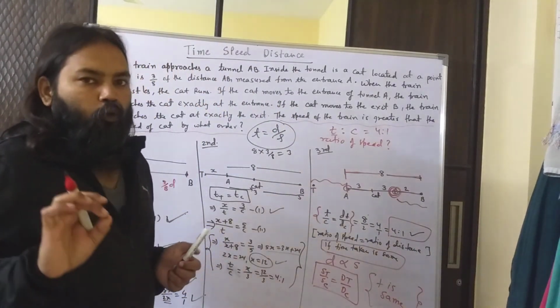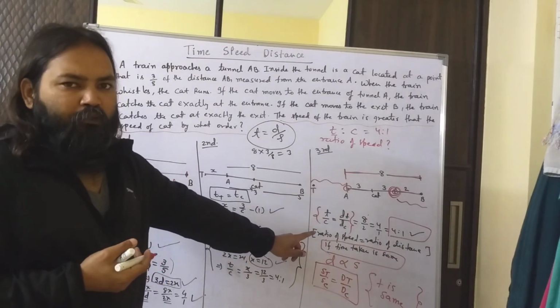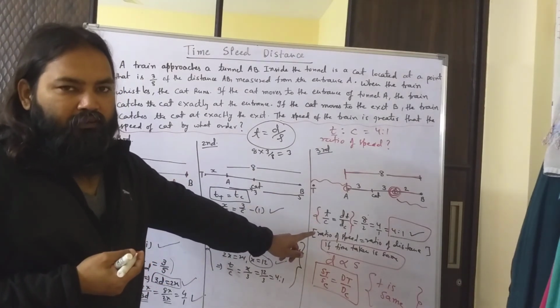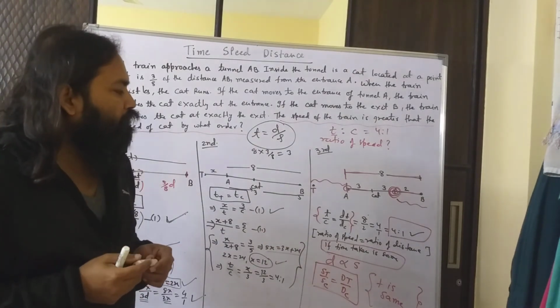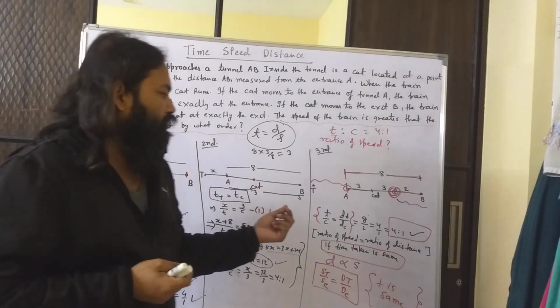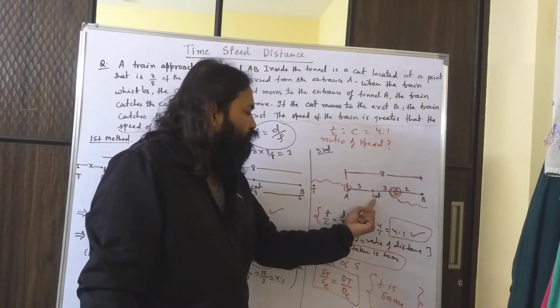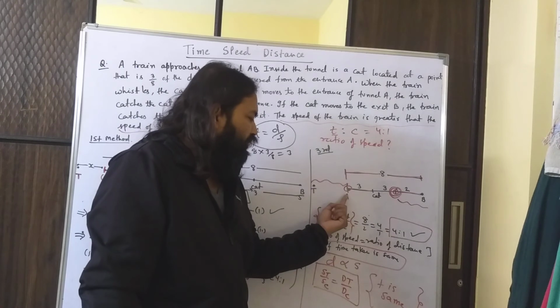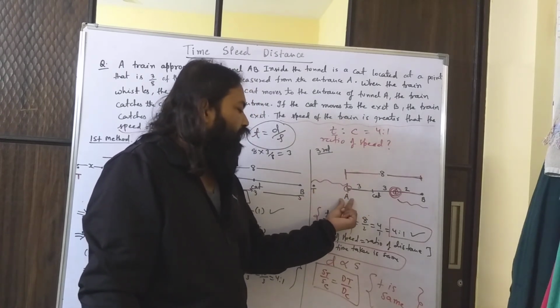Okay, I hope you didn't lose it, because it is looking very simple because it is actually simple. I said that line one more time earlier, but again I am saying it because what is happening is, you just have to understand this situation. By the time the cat comes from this place to this place, the train goes from T to A. So they are supposed to meet here.